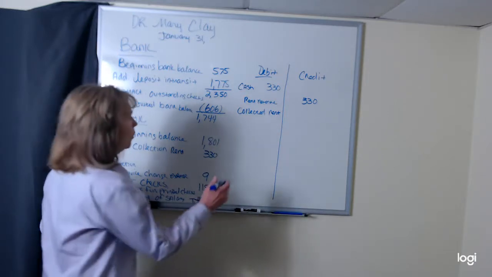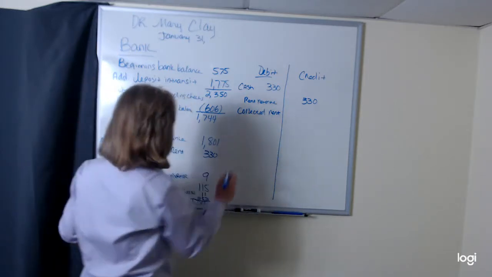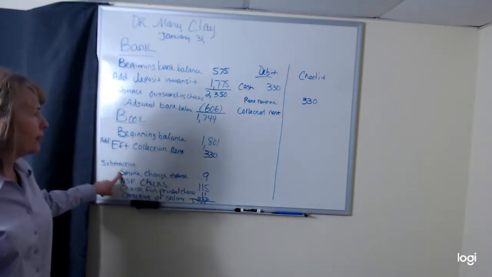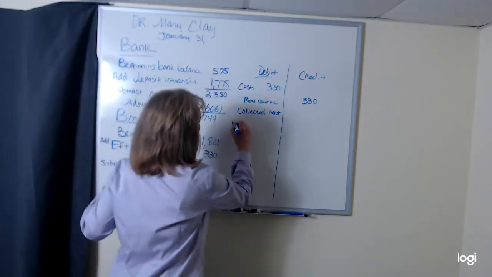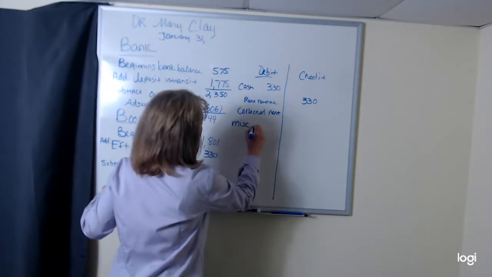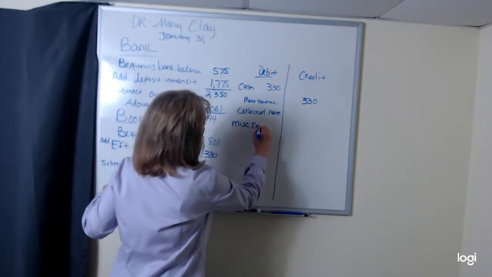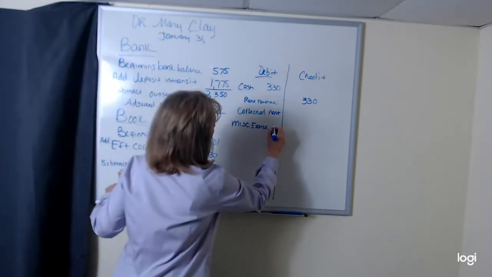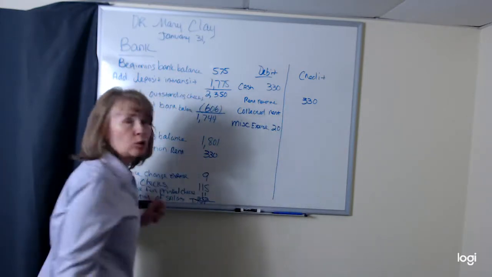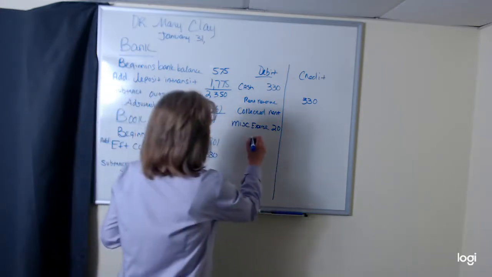All right, so I will debit, and again, the subtraction is going to decrease cash. So I debit miscellaneous expense, $20. And I credit cash, $20.